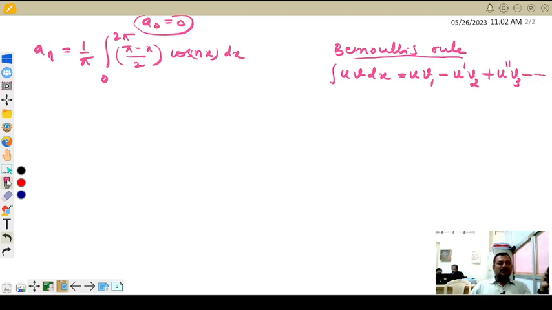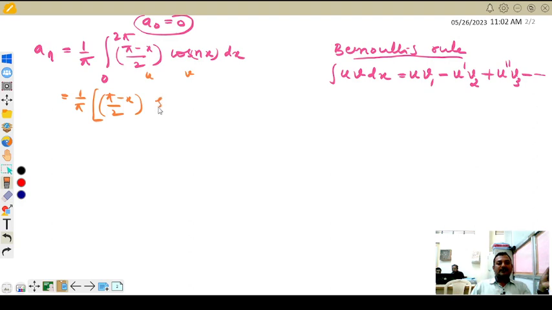So let us use the formula and evaluate, which is equal to 1 by pi times first function is (pi minus x) divided by 2. This is u and this is v.